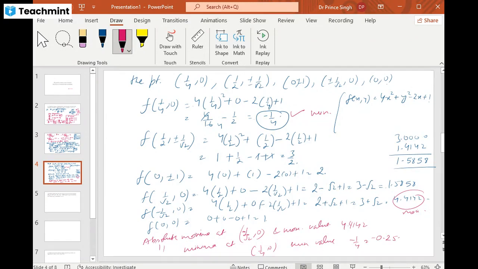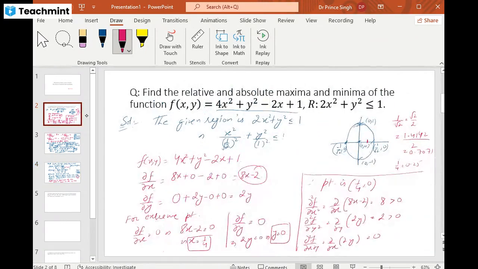Okay, so what we need to do in case of relative and absolute maxima and minima, firstly, with the help of the concept of relative maxima and minima, means find out first order partial derivatives, put them equal to 0, find out the point, but we need to ensure that that point belongs to the given region only. So we are going to consider only those points which completely fall inside or at most on the boundary of the given region.